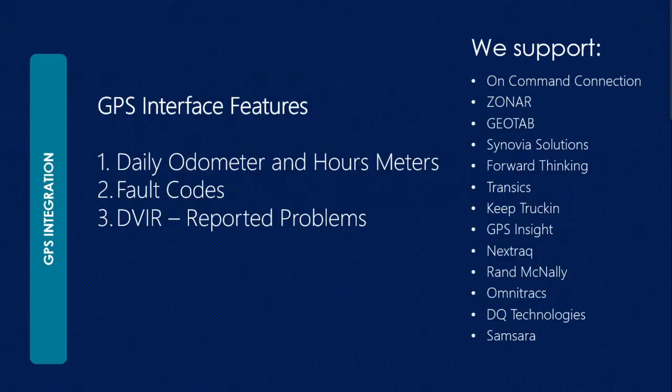The main reason is that if you have a GPS or telematics system, and these are currently the ones that we support over here on the right, it will automatically bring in odometer readings from these units, because these units are collecting the odometer, depending on your device.